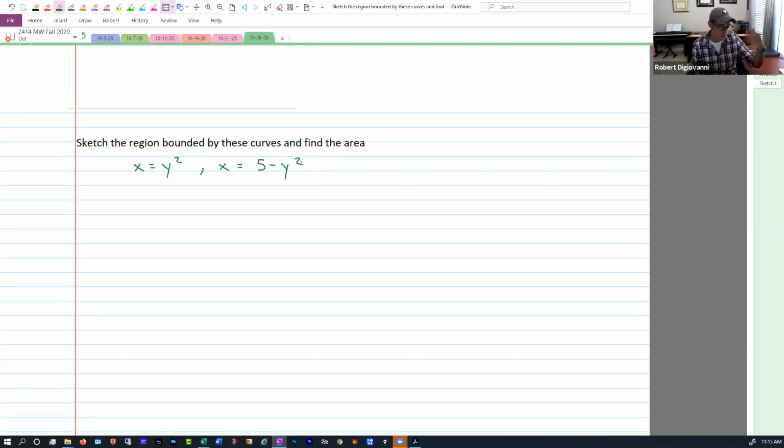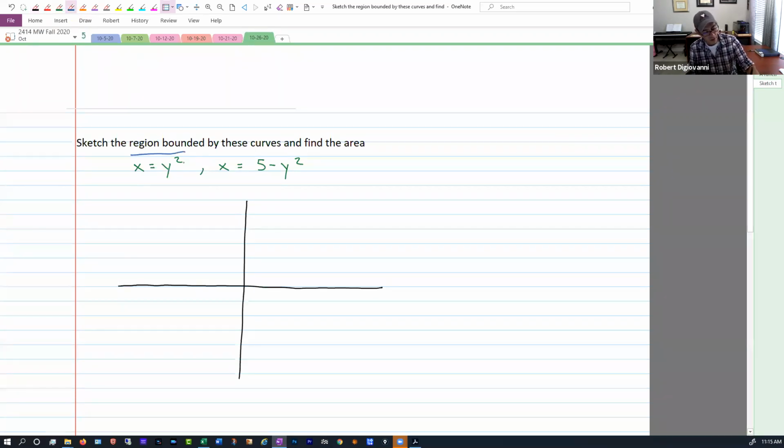And if you remember back from conic sections or college algebra, you would know that both of these are parabolas that open sideways. So let's say this one right here, x equals y squared, looks like this. And 5 minus y squared, I'll do that one in red.